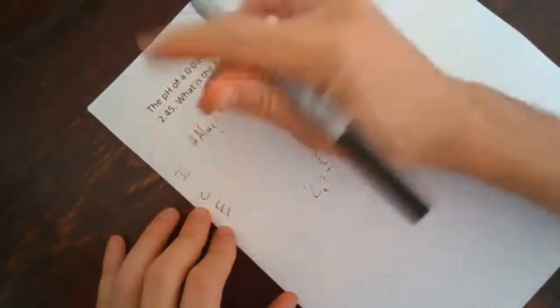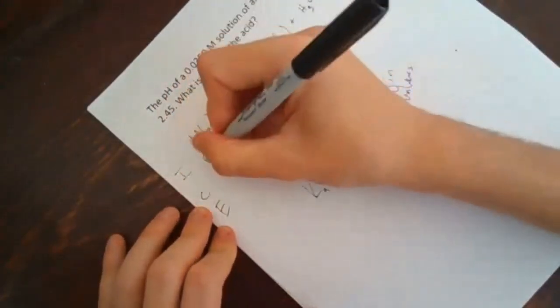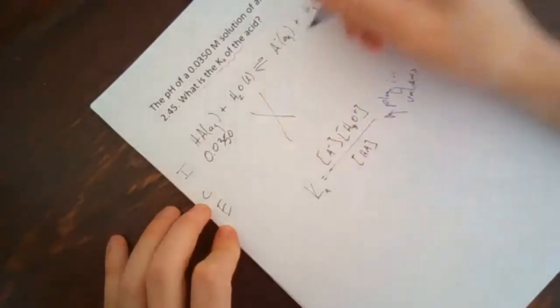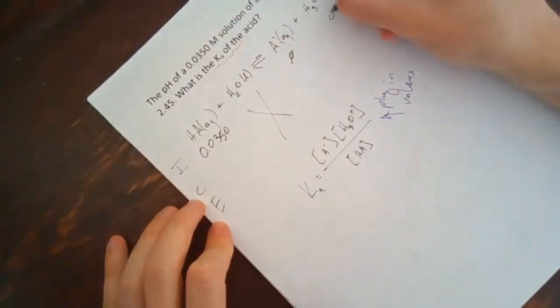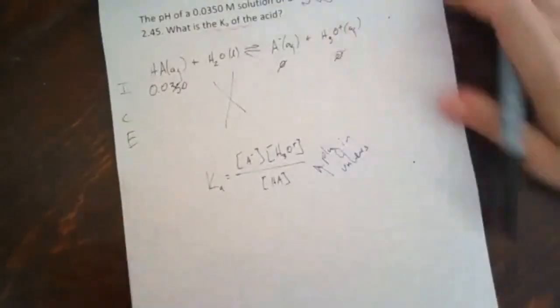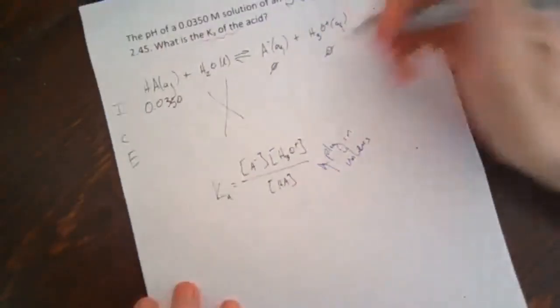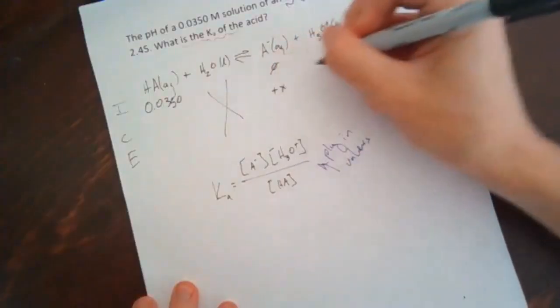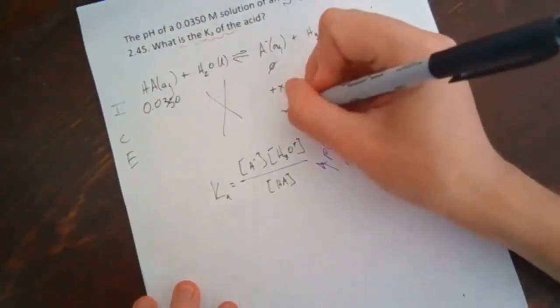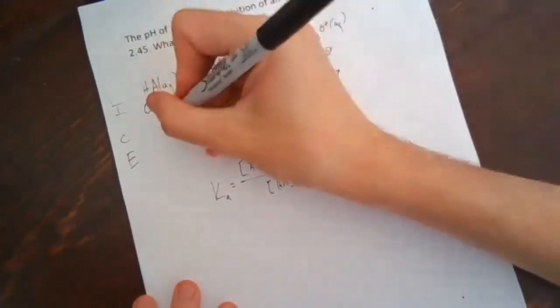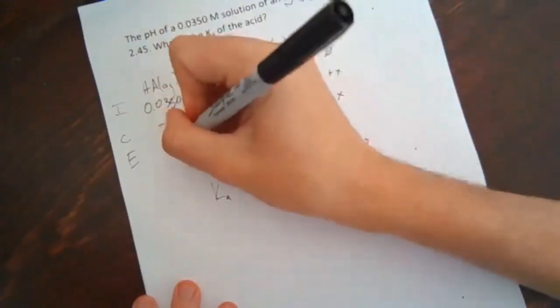I don't know what the acid is, but I know I start with 0.035 molar. The water doesn't matter. Zeros on the product side. So this is the standard ice table format that we have for weak acids. We know the shift is to products, and it's just plus x, because I'm dealing with acid-base chemistry.